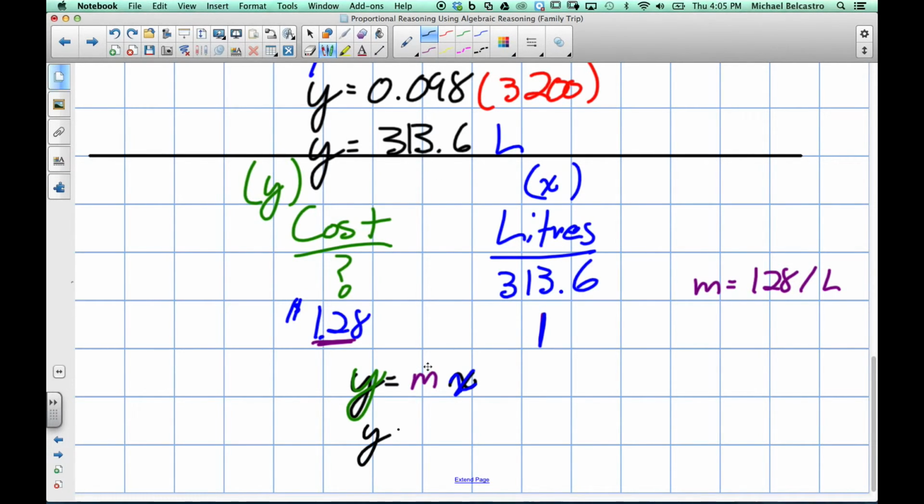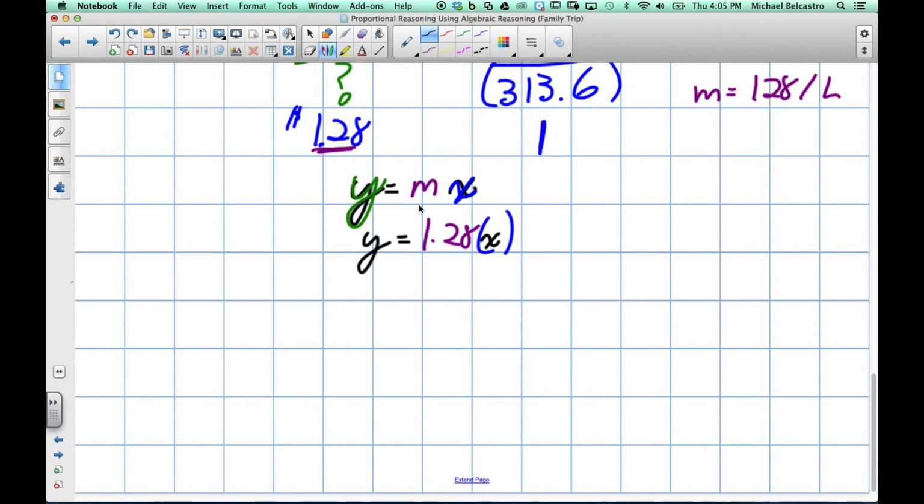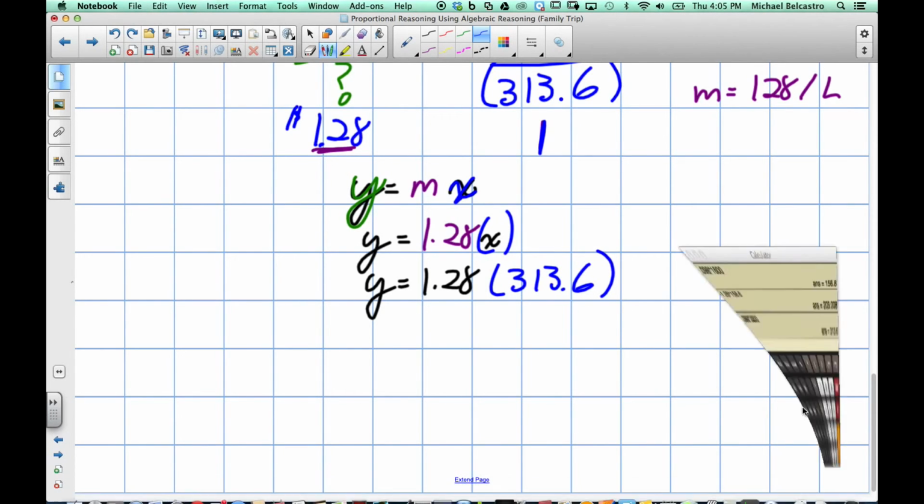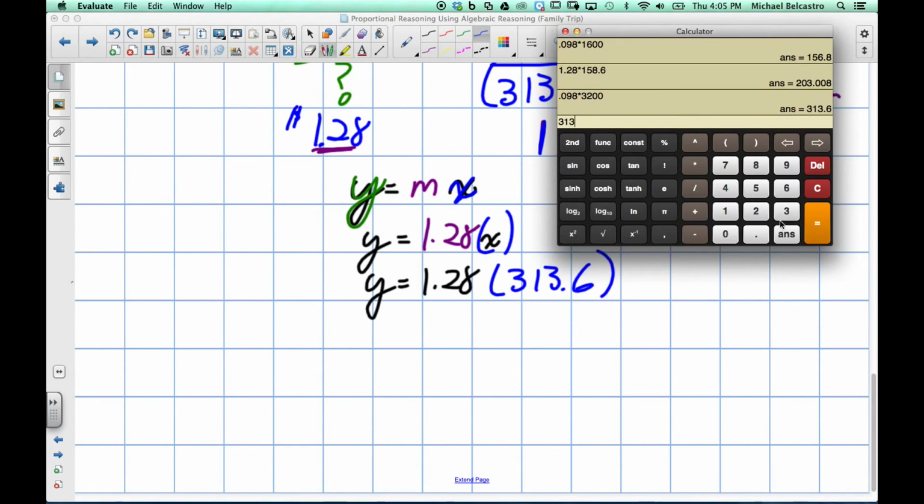So y equals 1.28 times x. The amount of liters we use is 313.6, so we're going to plug that in for x. Y equals 1.28 times 313.6. Again, we'll use our calculator to solve this. 313.6 times 1.28.